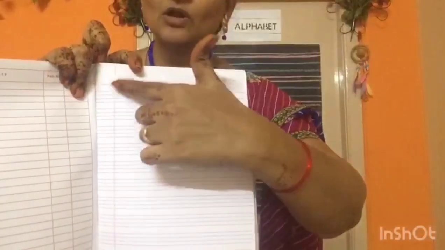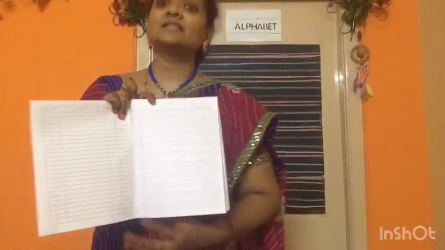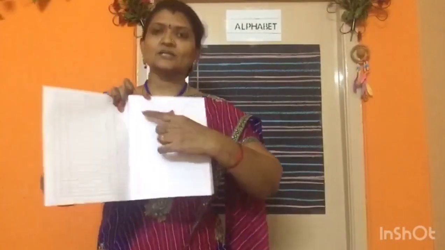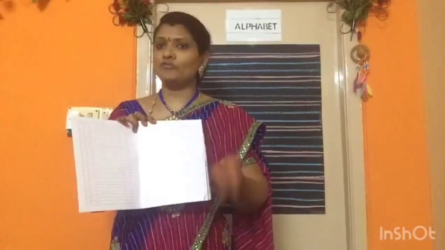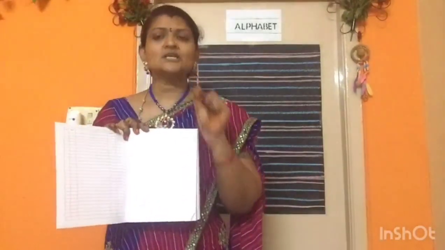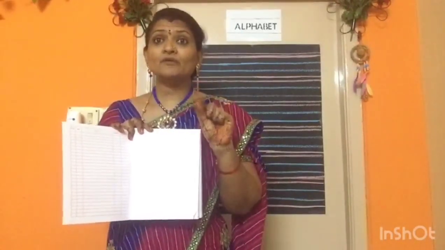Can you see this small box? This is for date. Date means the day on which you are writing. That date you are going to write in this box. Suppose it is September 3rd or 4th. Any date, I am just telling an example. You need to write the date, dot, then the number of that month.